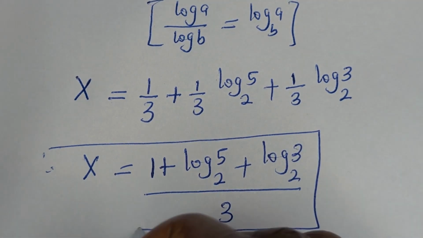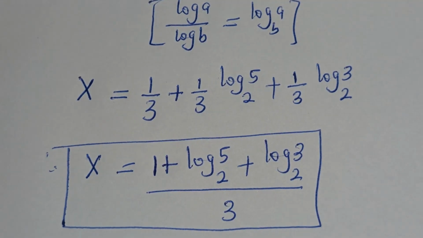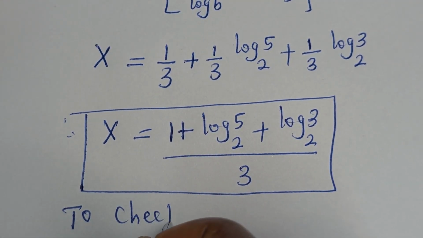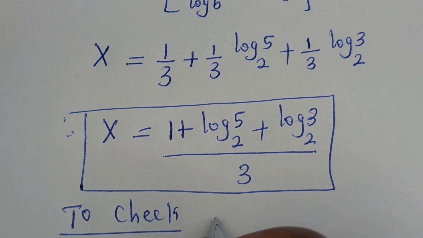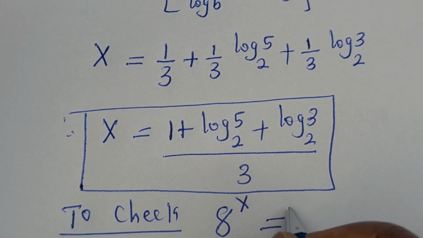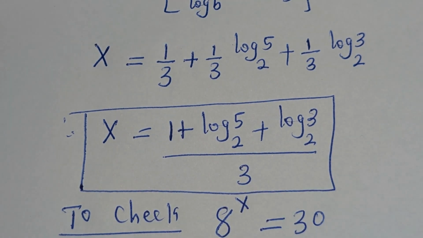We may check to confirm if this answer is right or wrong. Let's check. To check, we have the given equation 8 raised to power s is equal to 30.